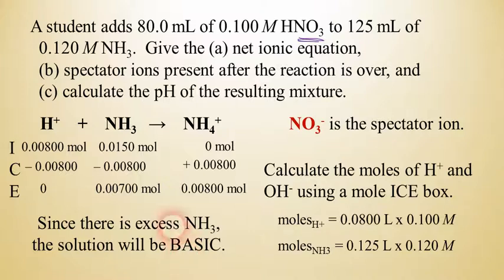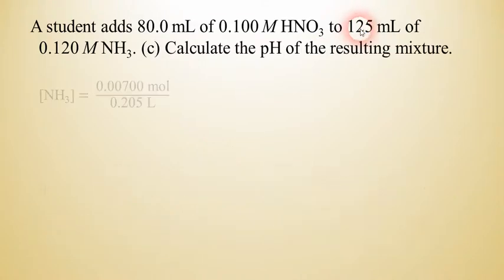Well, to figure out the pH, we have to take these two values here and find the actual concentration in moles per liter. So we're going to have to divide both of those values by the total volume. Now, the total volume is just adding the 80 milliliters to the 125 milliliters. That's 205 milliliters, or 0.205 liters.